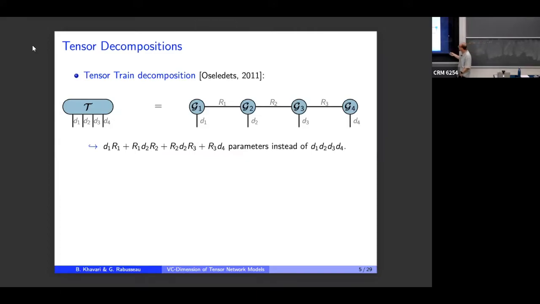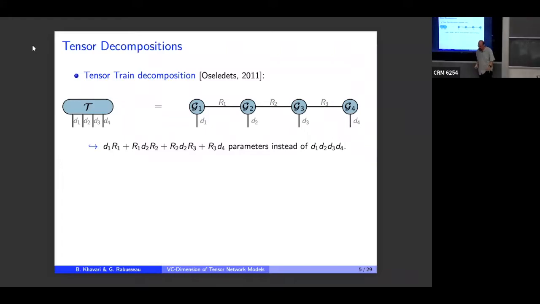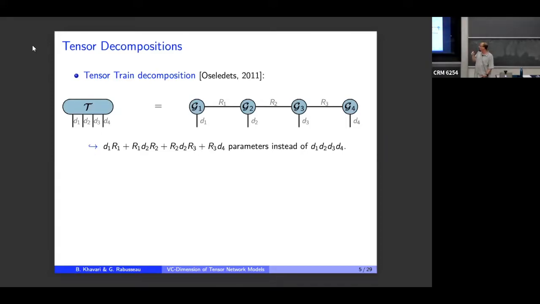One thing that is interesting in this case, so let's say we have the same dimension everywhere and the same rank everywhere, R1 equal to R2 equal to R3. Basically, we get something of size the order of the tensor times d r squared. So we have roughly as many of these third-order tensors. If p is the order of the tensor, we get p d r squared parameters instead of d to the n.